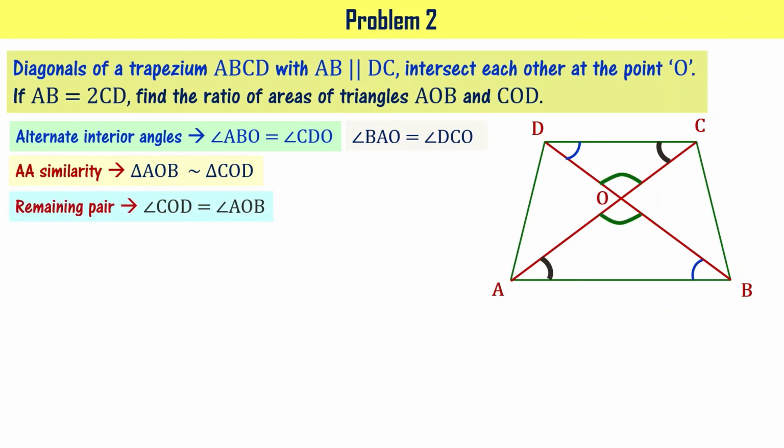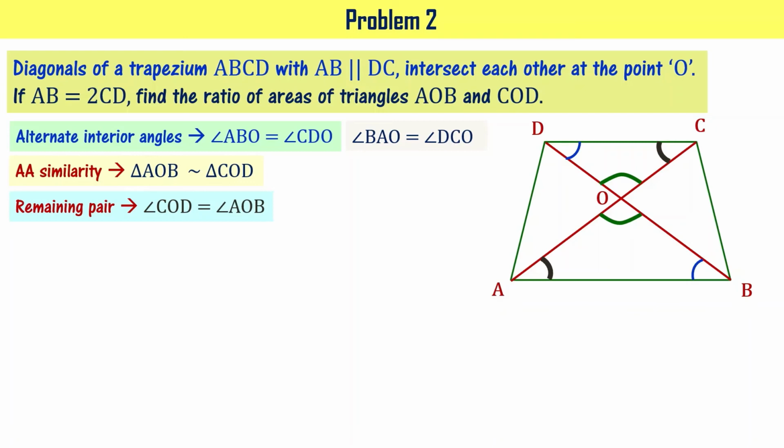The remaining pair of angles from these two triangles are shown using green color arc now. Those are angle COD and angle AOB, right? Those are also going to be equal because for similar triangles, the corresponding angles are going to be equal, right? So angle COD equal to angle AOB.